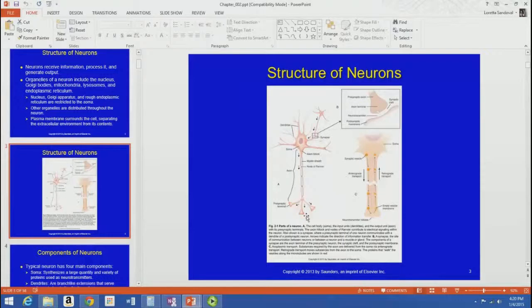This figure, figure 2.1, shows a close-up in the top right of a synapse. It has the presynaptic axon, the synaptic cleft, the postsynaptic membrane, and the little neurotransmitter getting released there. It just shows that close-up, and we'll look at that more closely in chapter 3 as well.